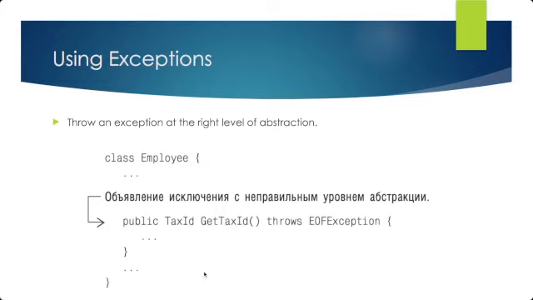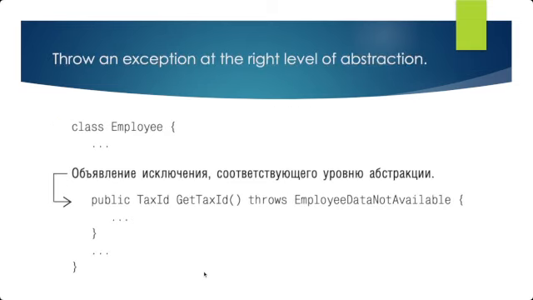That's why instead we can return a high level, more meaningful exception, like in this slide. We just call it EmployeeDataNotAvailable, but inside this exception we can store the information about why it happened.